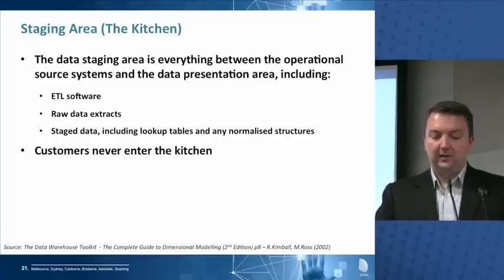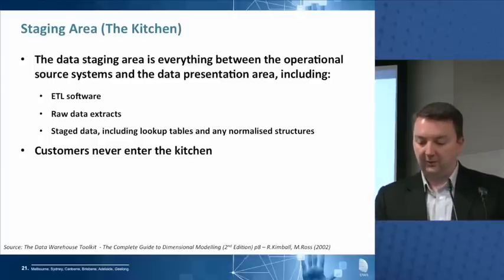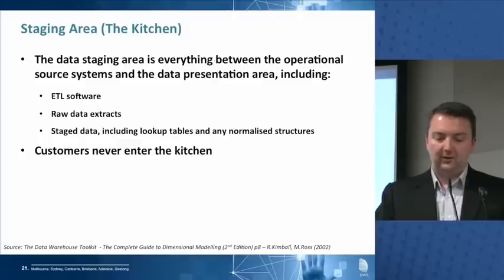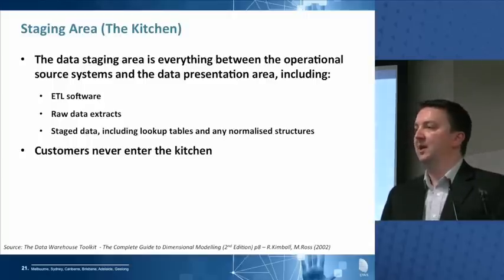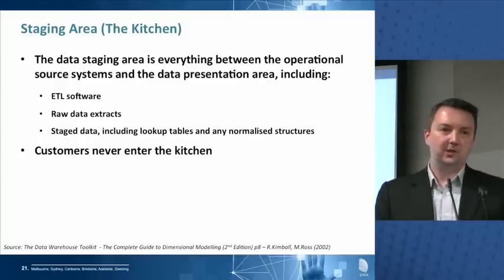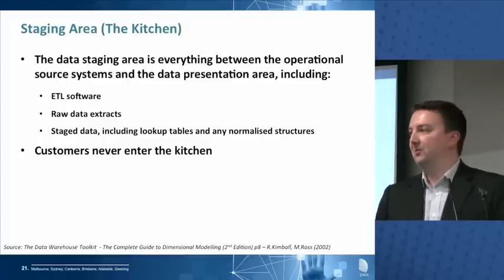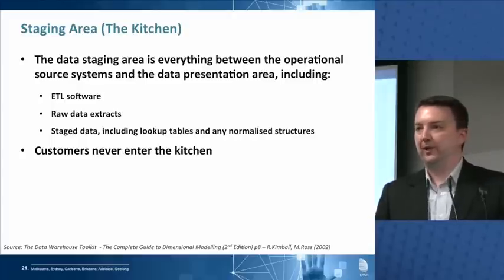So all of these things happen in the kitchen of the data warehouse. And Ralph's favourite analogy for the kitchen is that customers never come into the kitchen. The kitchen's full of sharp things and hot things. Our diners might hurt themselves in the kitchen. The kitchen's a dangerous place if you're not a trained professional.